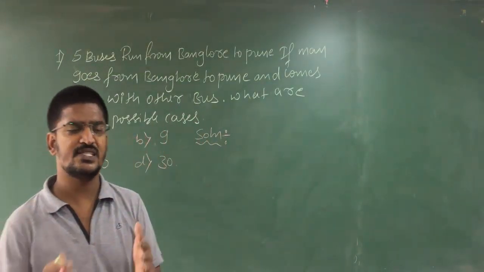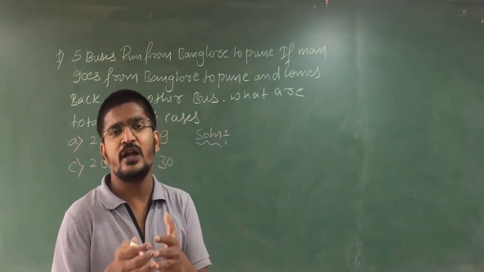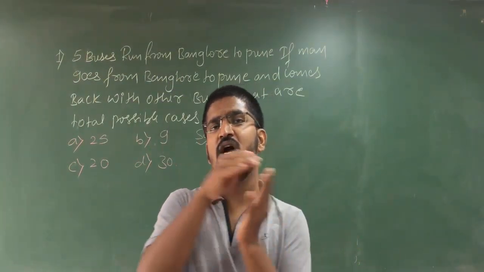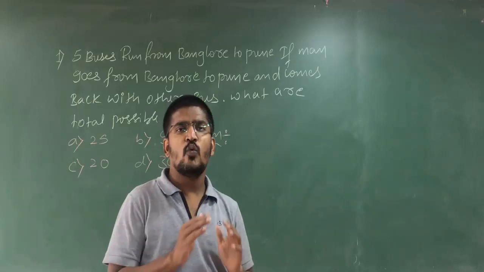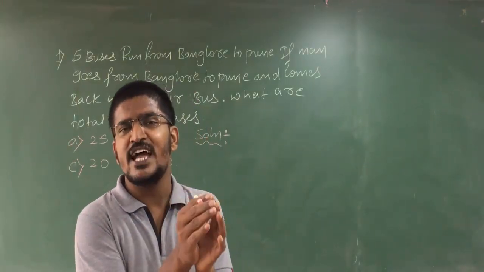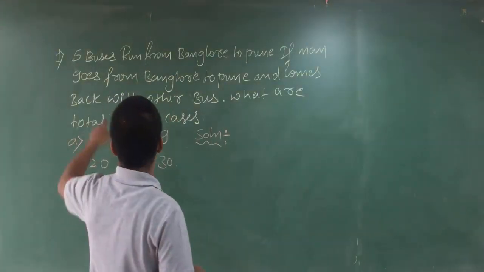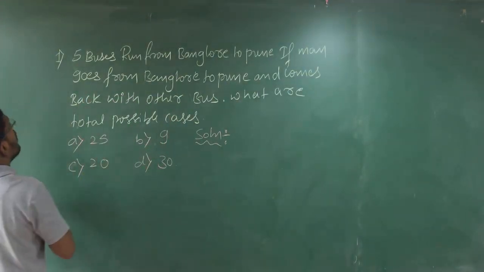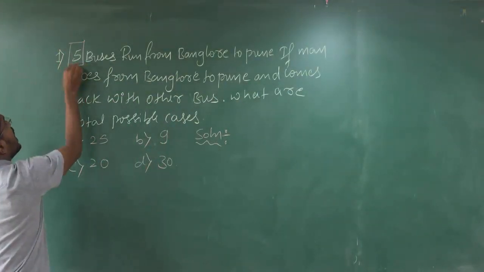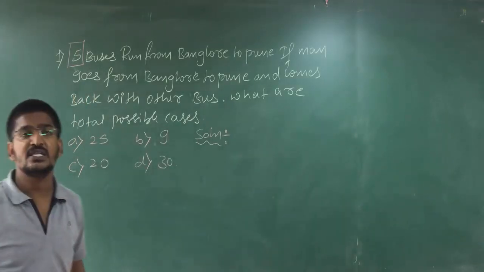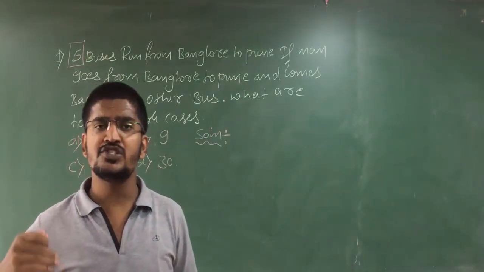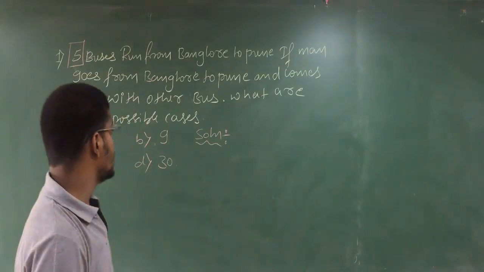Clear, students? There is a man who goes from Bangalore to Pune and comes back with the other bus. That means he leaves that bus and he comes with the other one. So in total he has 5 buses.